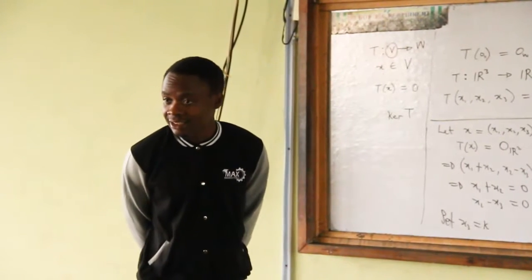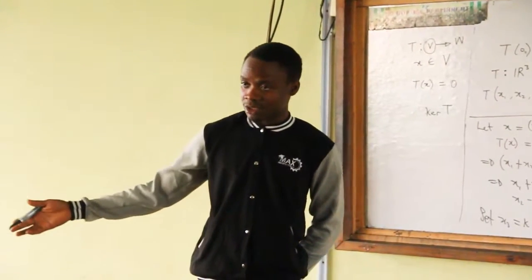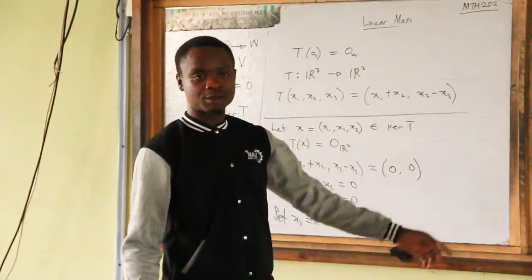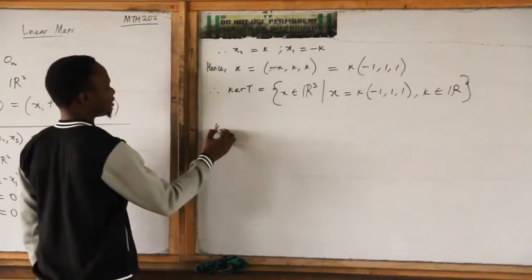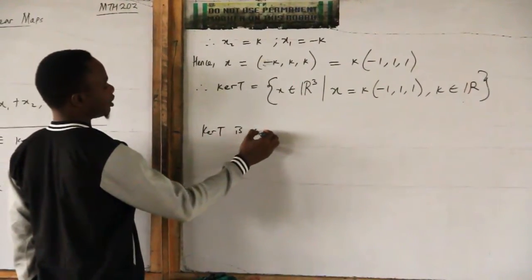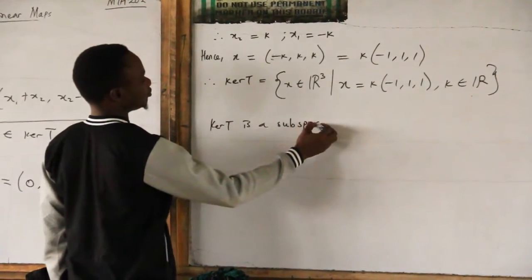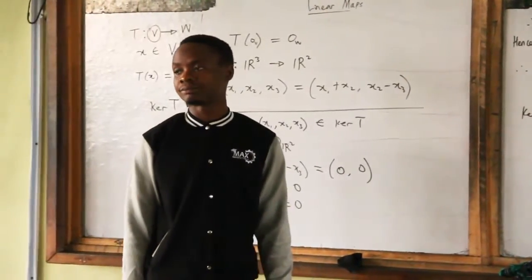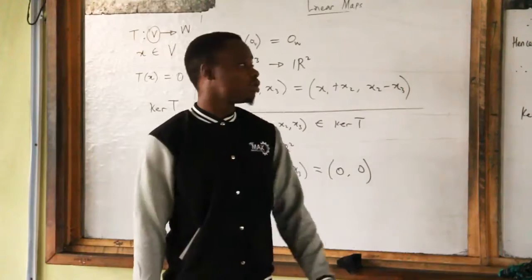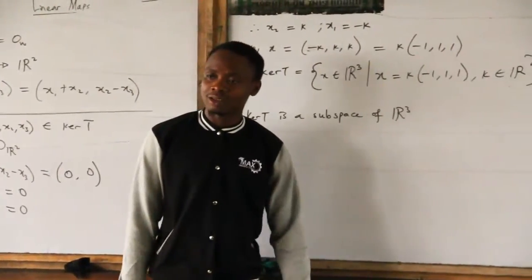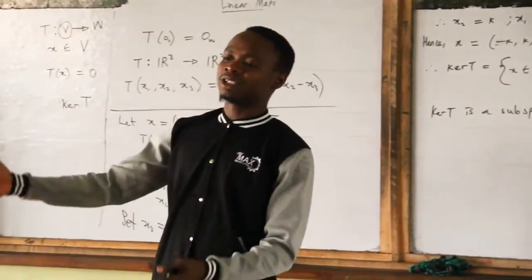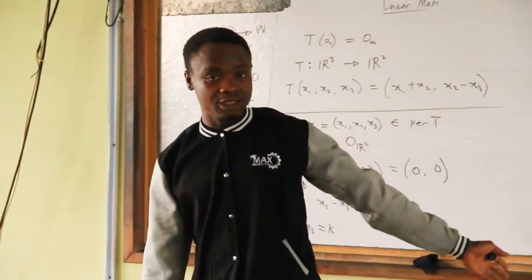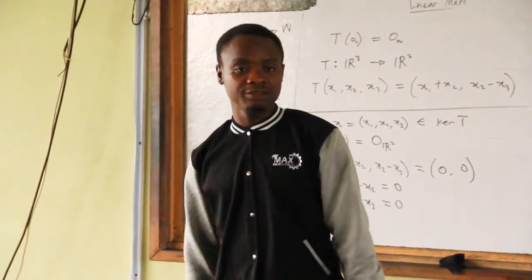Ker T is a vector space. Is that clear? It is a subspace of R3. Please pay attention. This tells you that a basis is a set of linearly independent vectors that span the space V. That is the basis of the vector space V. Is that clear?